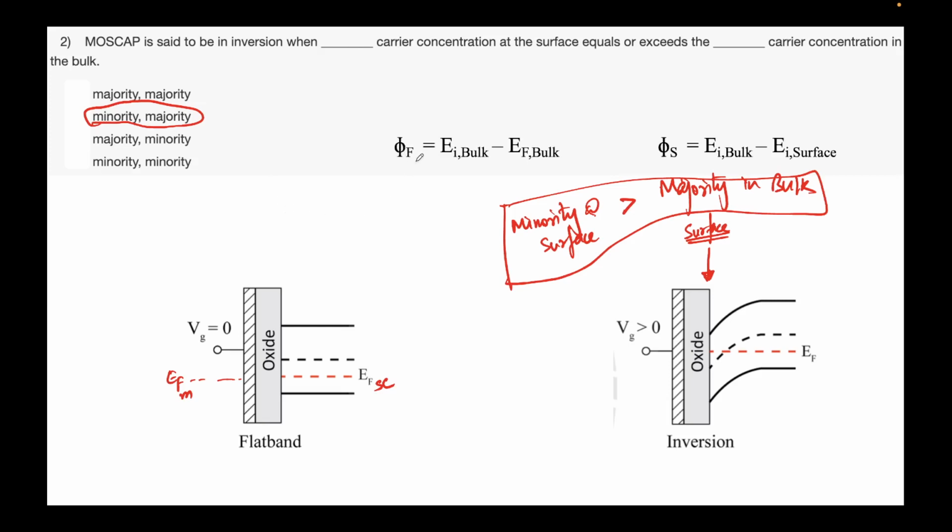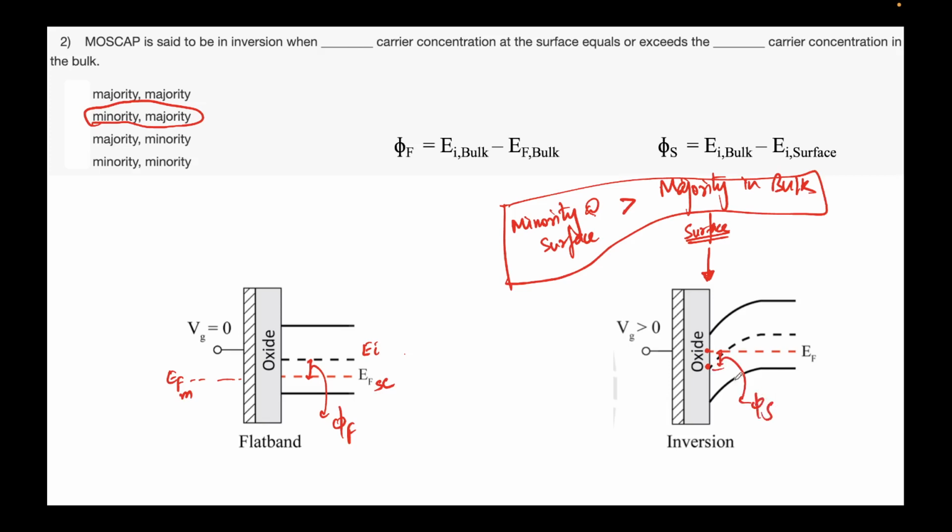Okay, while we are here, let me define some terms because we'll be using them again and again. There's something called phi f. How do we define phi f? Phi f is this difference, this distance. We have seen that term in different devices, right? So EI minus EF in bulk, remember this is important. In bulk, intrinsic energy level minus Fermi level is phi F. What is phi S? S stands for surface here. So it's a difference between intrinsic energy levels.